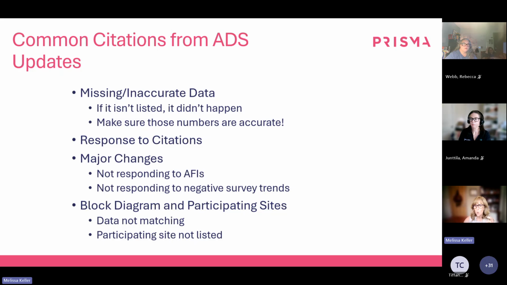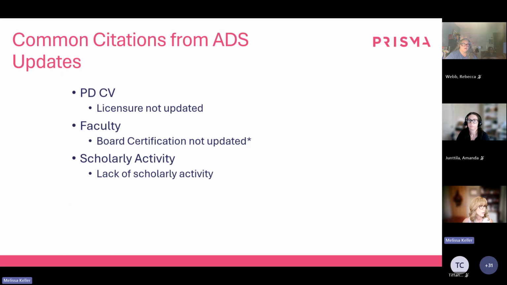And it was missing like 2 half days or something really small, and they got a citation for it. So make sure that's accurate and make sure your participating sites in the ACGME match what's on your block diagram, and we'll talk about that later. And make sure that the participating sites on your block diagram are actually listed in the participating sites part of the annual update.